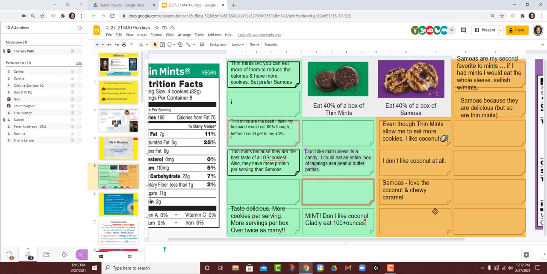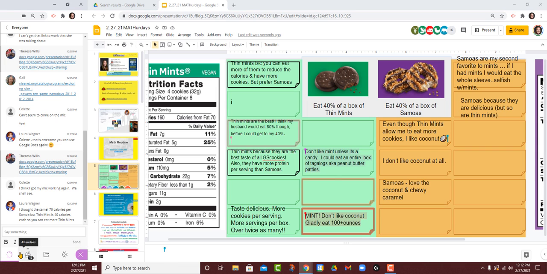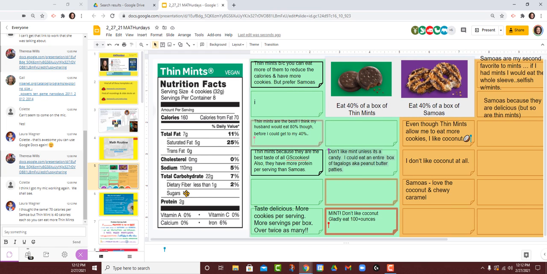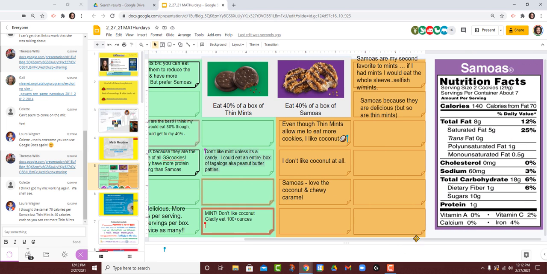Who noticed the protein one? I'd love to hear your thinking on that. Teresa, I think it was me, Lisa. I just looked at the serving information, and there are 2 grams of protein per serving with the Thin Mints and only 1 gram in the Samoas.